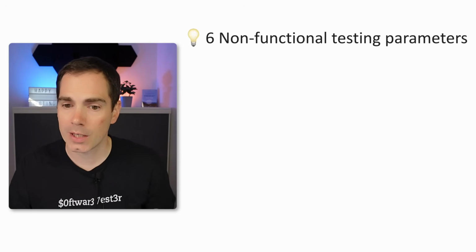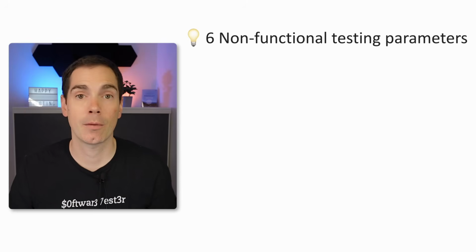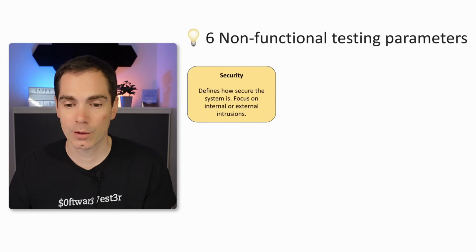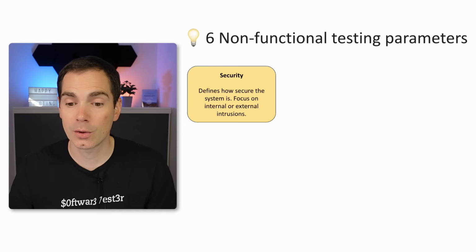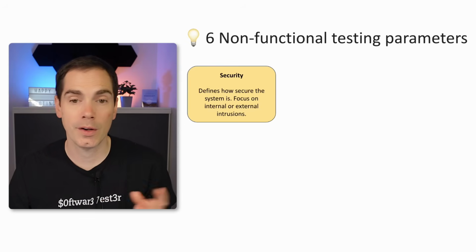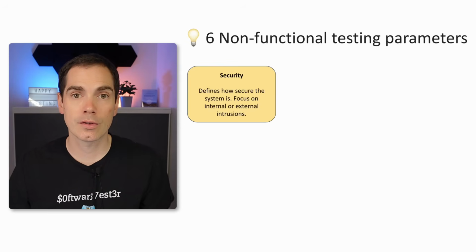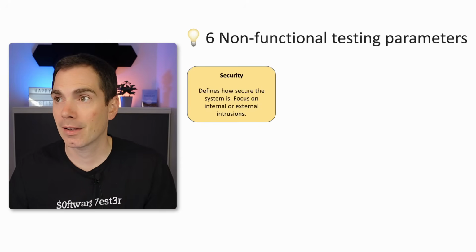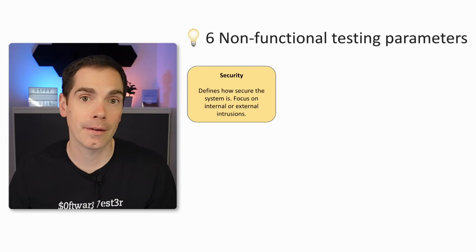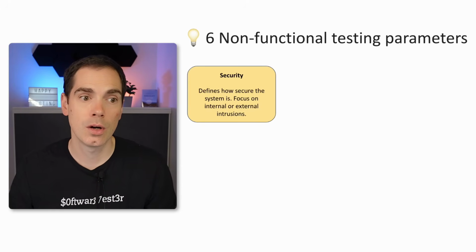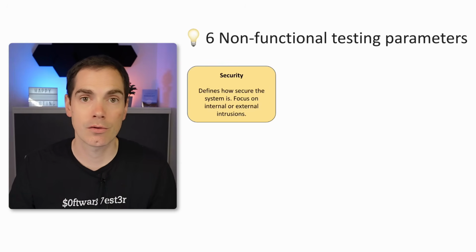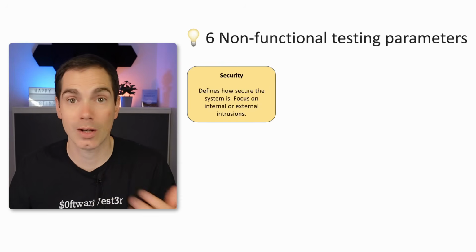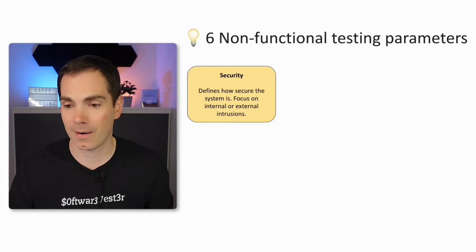Yeah. So here are 6 non-functional testing parameters for you to know. The first one, security, as we already talked about, defines how secure the system is. Focus on internal and external intrusions. So think like a hacker if you can, and really see what you can do to bypass security aspects, to trick the system and to sneak into your databases and stuff like that.